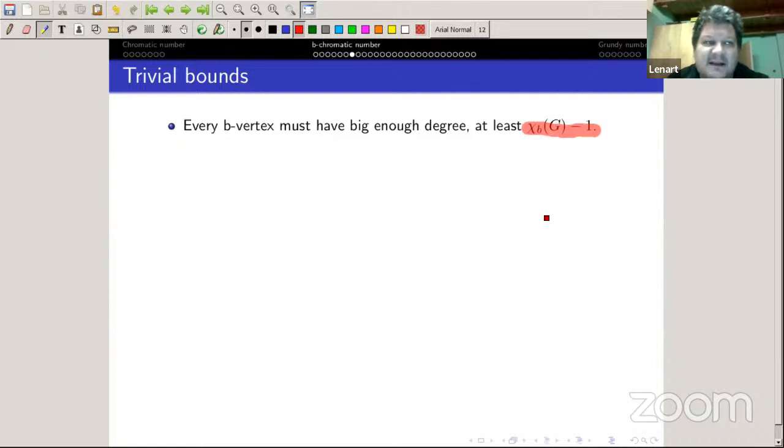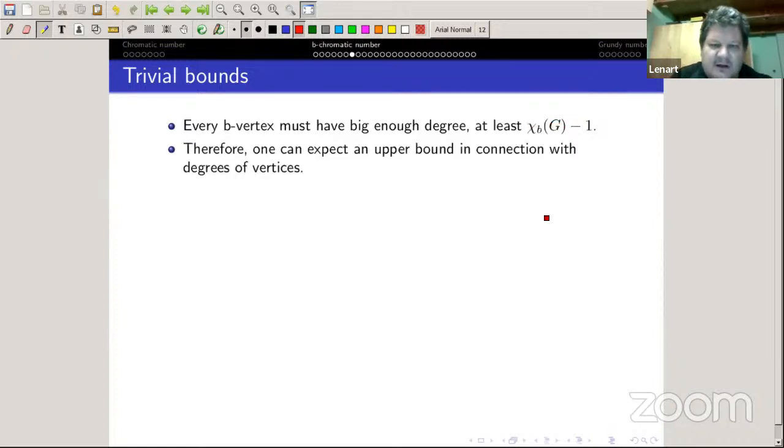Otherwise, it cannot have all the colors in its neighborhood. So we can expect this upper bound in connection with degrees of vertices. I did not formally say, but degree is the number of vertices in its open neighborhood.